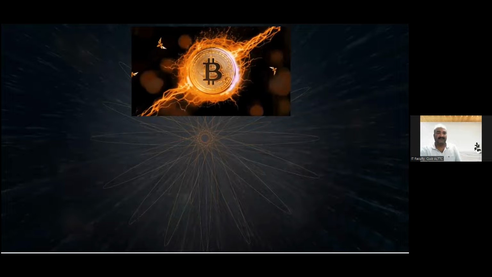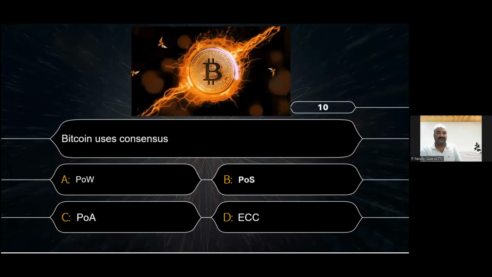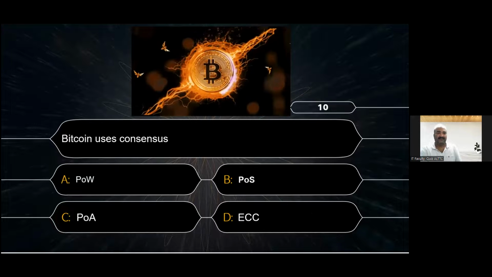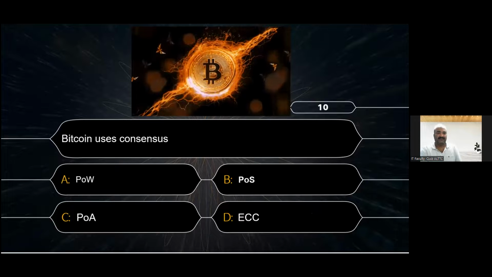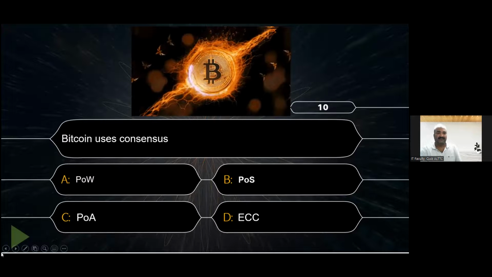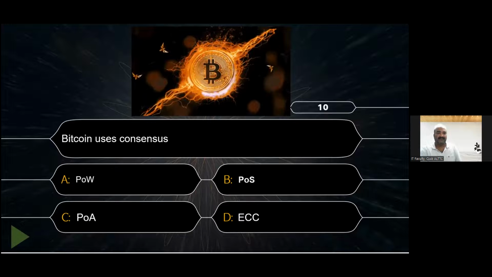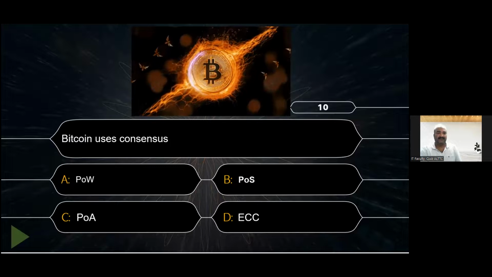This is the next question. Consensus: full form of POW. A stands for proof of work, B, POS stands for proof of state, C stands for proof of quality, and D stands for electrical current.